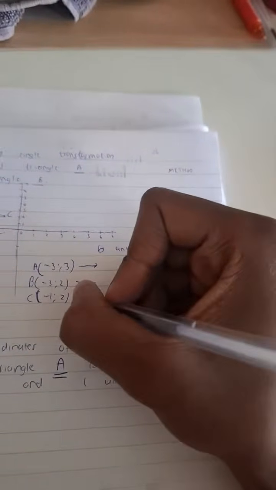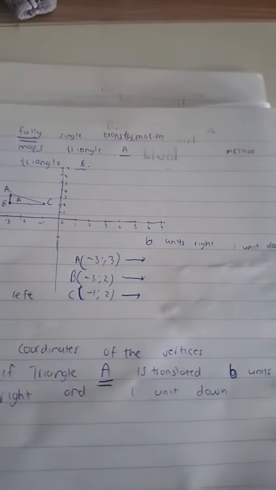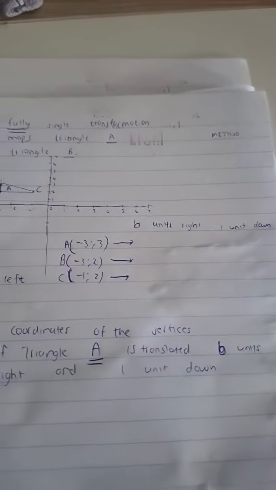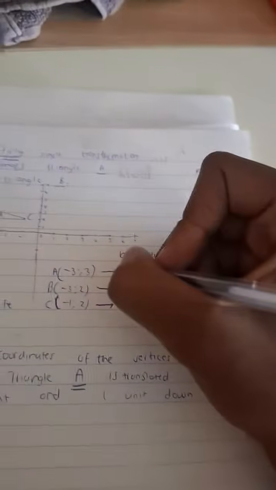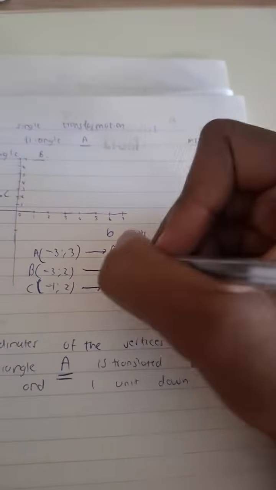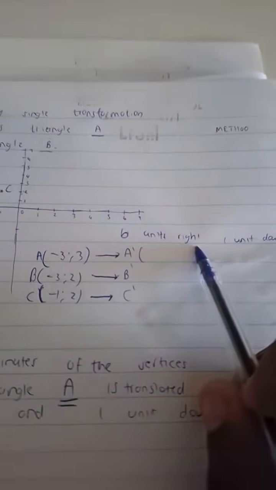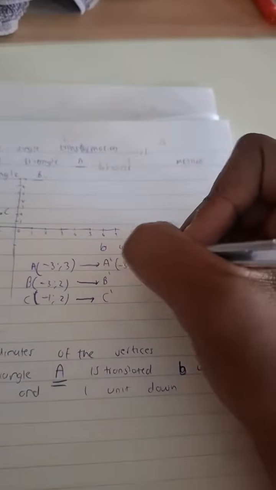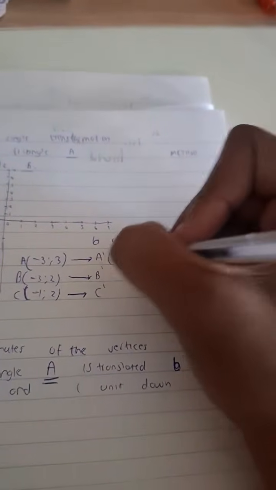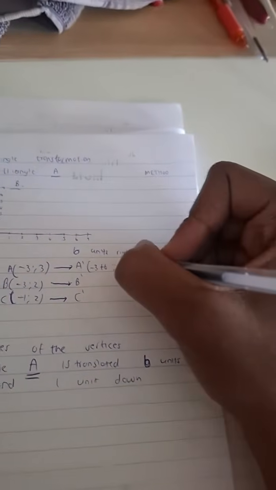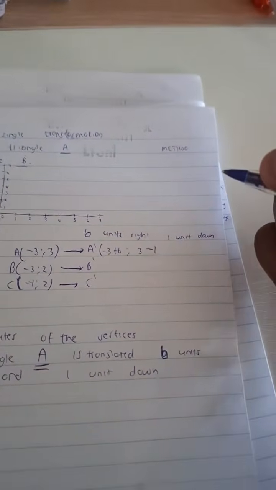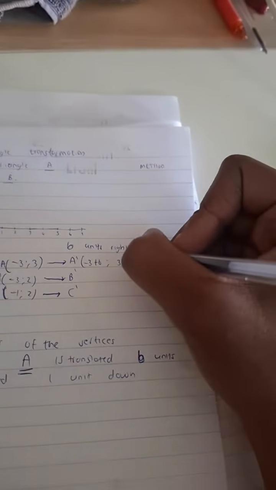So that we can apply that effect to all 3 of these coordinates, so that we can know what are the newly formed images of A, B, and C. Six units to the right. One unit down. Yes, very good, Alaika.